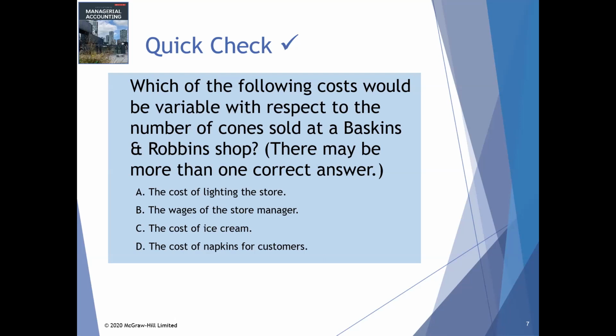The question I'm reading: which of the following costs would be variable with respect to the number of cones sold at a Baskin Robbins shop? The cost of lighting the store, the wage of the store manager, the cost of ice cream, the cost of napkins for the customer.